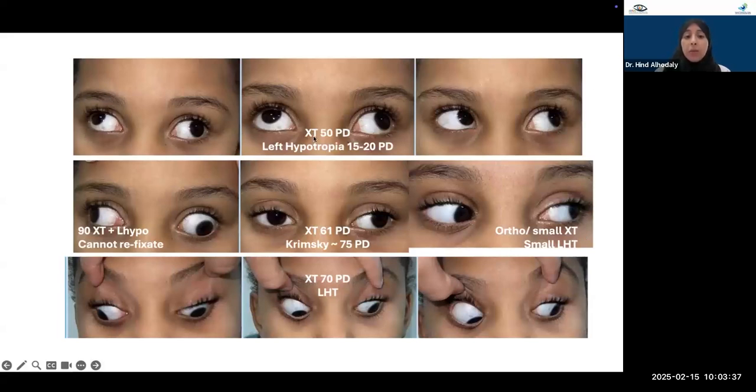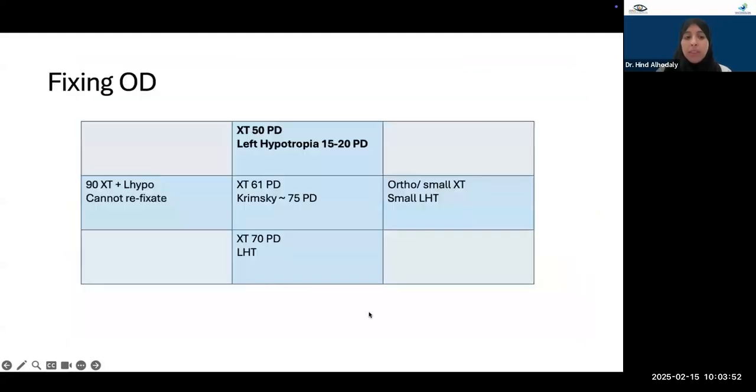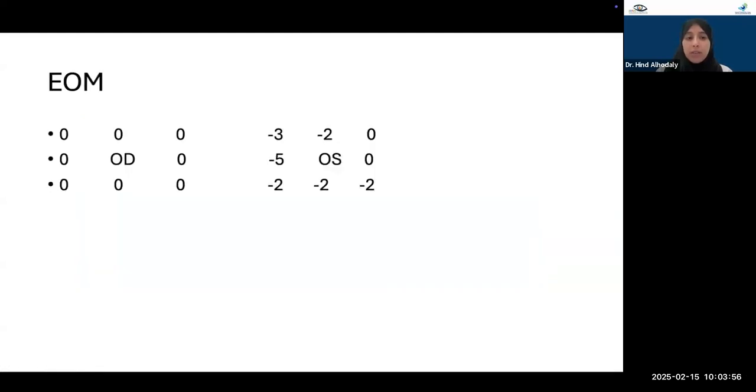In up gaze, the exotropia reduced to 50 prism diopters, but with left hypotropia. And in down gaze, it's worse. XT becomes 70 prism diopters with left hypertropia. And this is fixing with the right eye, of course.